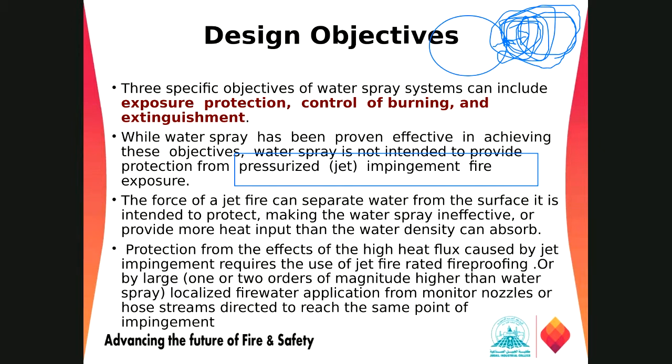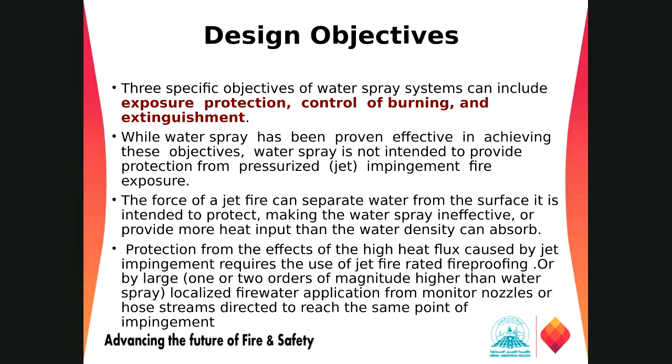So localized fire water application from a monitor nozzle or hose stream is directed to reach the same point of impingement, right? So we can protect against this kind of pressurized jet impingement fire only by hand-held hose streams, the monitor nozzle, or the fire hydrant to fight the fire.